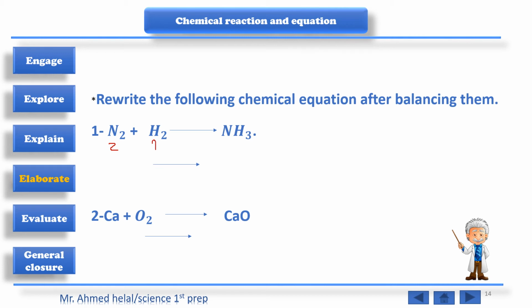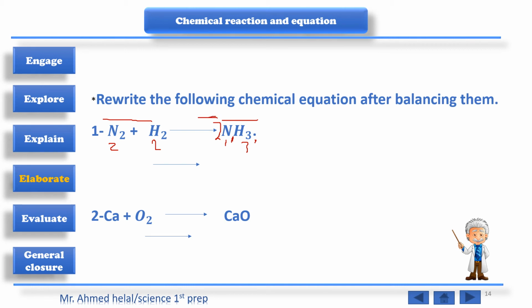Here we have 2. How many nitrogen atoms in the products? Here we have 1. How can we make the number of atoms in reactants equal the number of atoms in products? We only put numbers in front, you can put any number here or here.